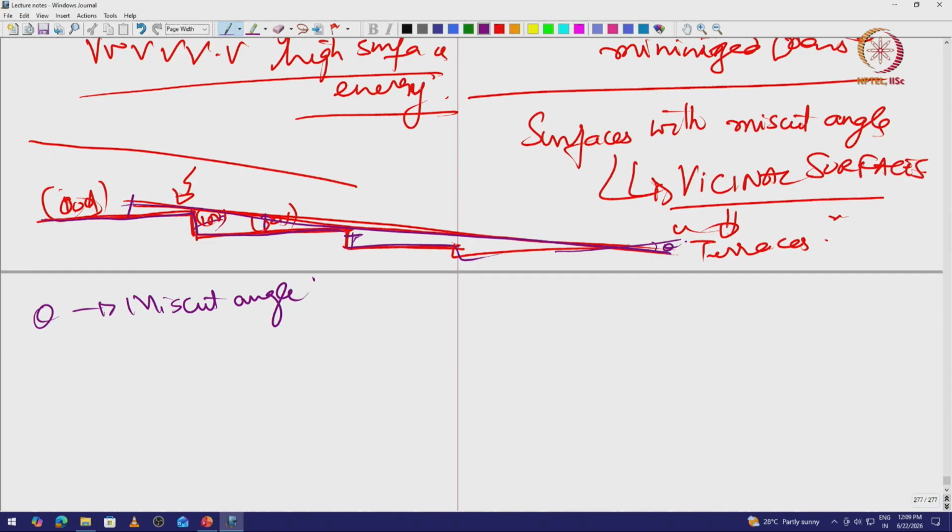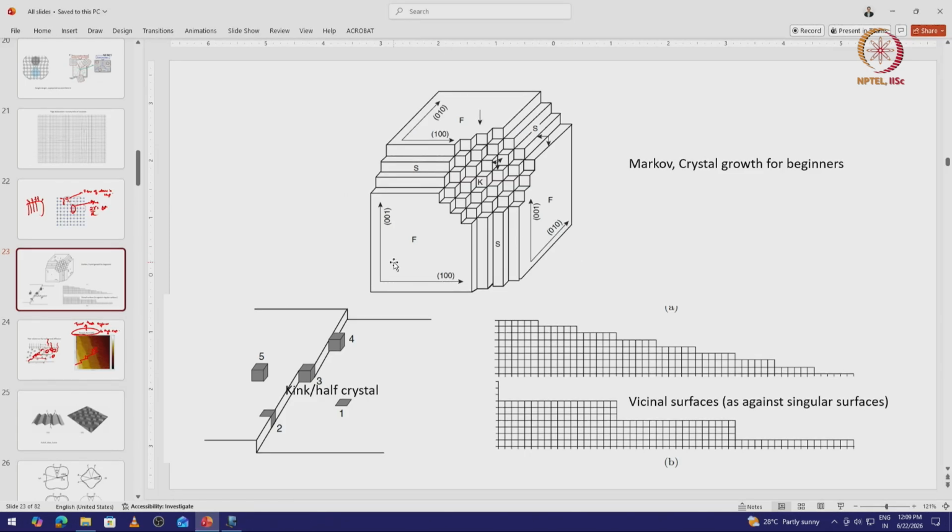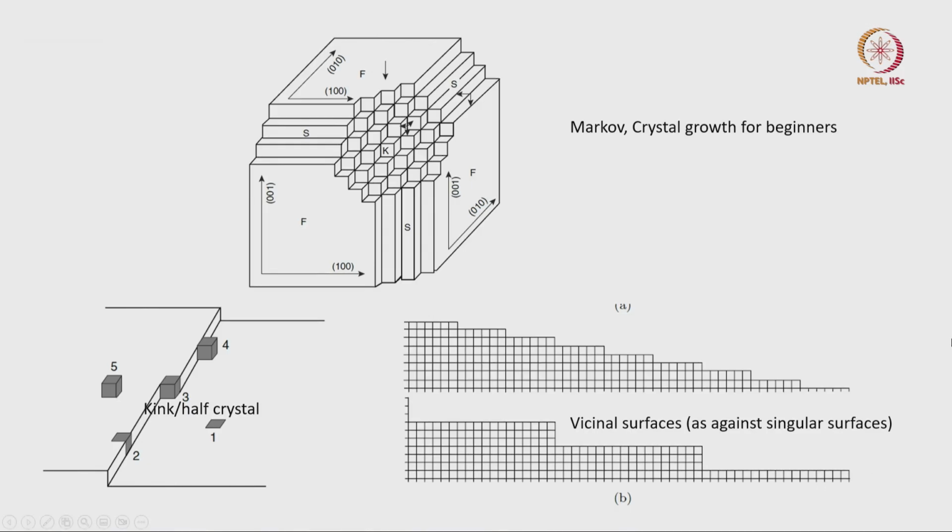Okay, now before going into details about how surfaces split, I take a cube like this. This is, let's say, a cubic crystal. A cubic crystal has 001 faces, which are the least surface energy faces. So for example, this surface has least energy, this surface has least energy, this surface has least energy, and so on.